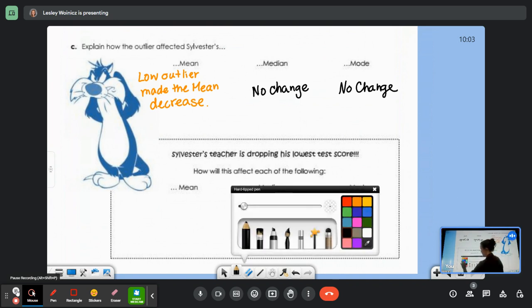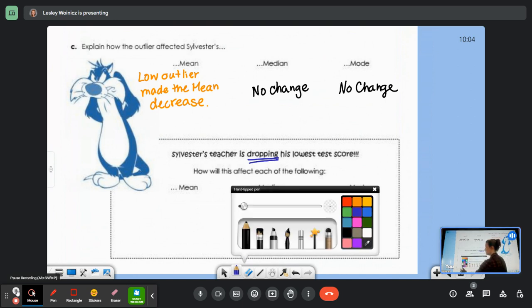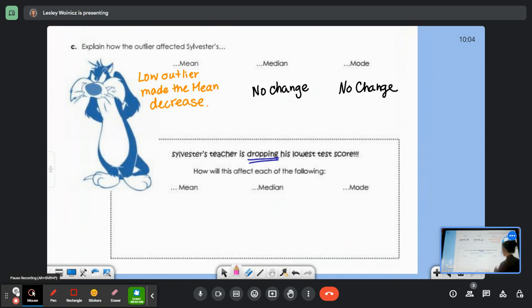Now, Sylvester's teacher is nicer than yours. She is dropping his lowest test score. So what's going to happen to each of the following? What's going to happen to his mean if we drop his lowest test score? Well, it's going to go back up again. The mean will go back up to what it was before he bombed that test.